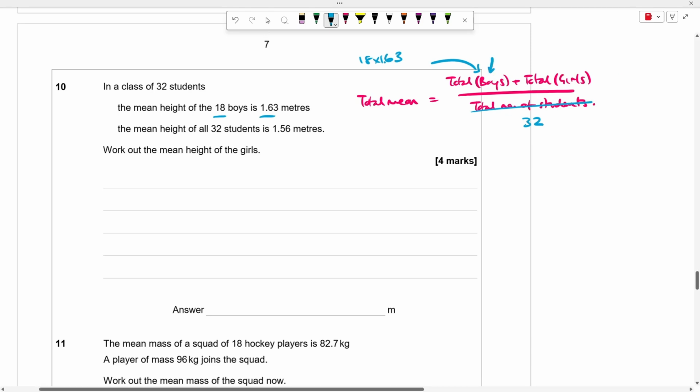So this number here is 29.34. Then we know that the total mean height is going to equal 1.86. What we need to do is work out the mean height of the girls. To work out the total height of all the girls, we look at this formula here.